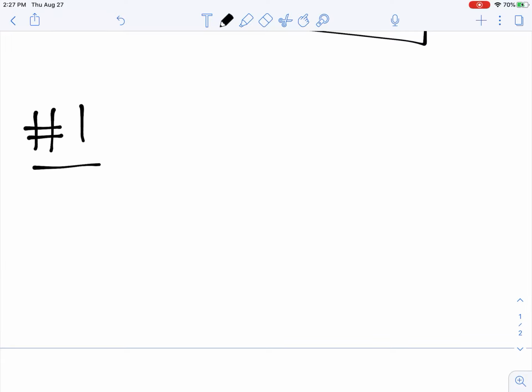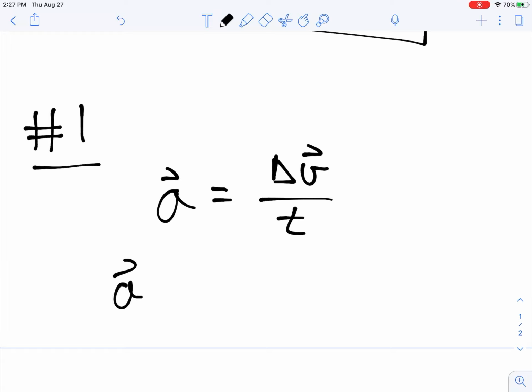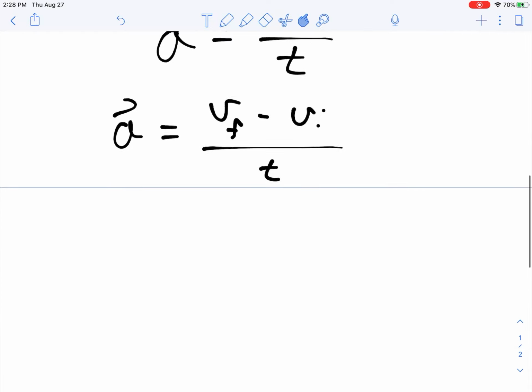Equation number 1. Let's start off with the definition of acceleration. Acceleration is a change in velocity over time. That means that acceleration is going to be our final velocity minus our initial velocity over time.